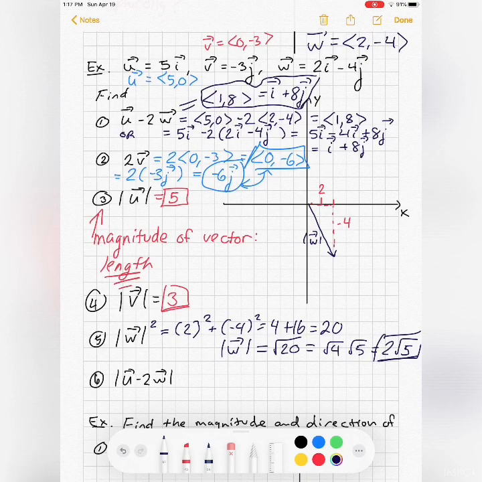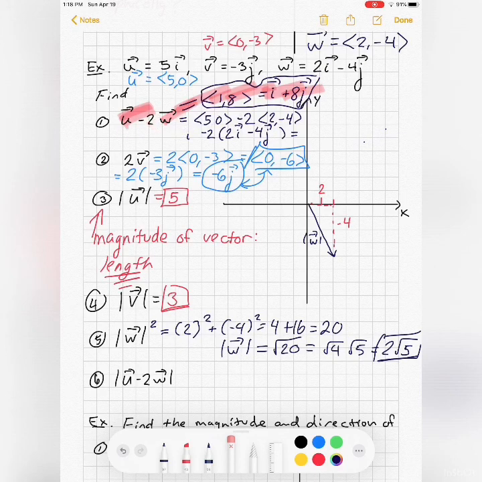Okay, and then one more. The magnitude of my vector u minus 2w. So where was that guy? I guess that guy was up here. So I'm going to need to clean this up a little bit, I think. Have some space to graph it.